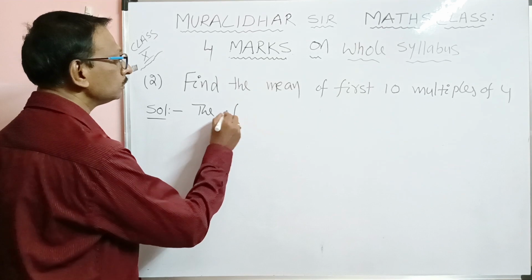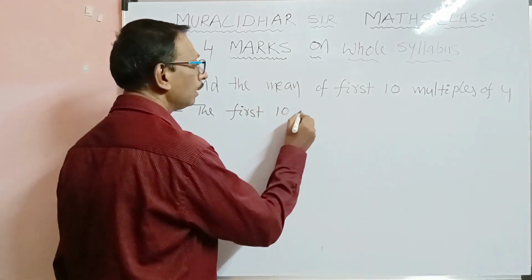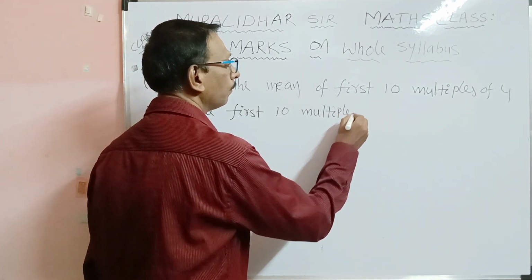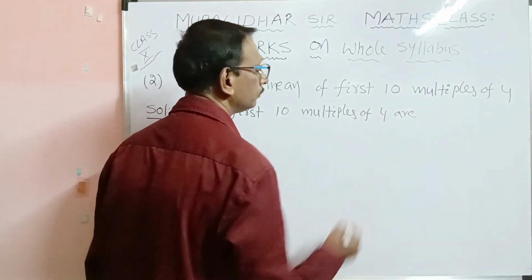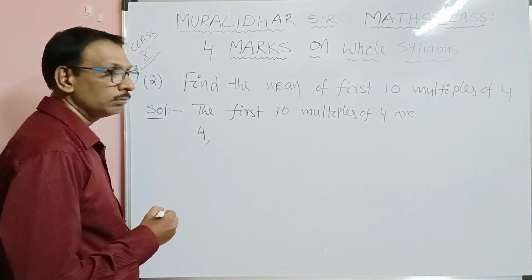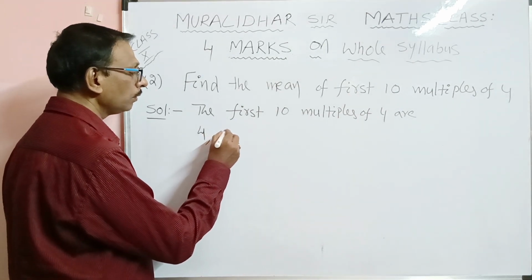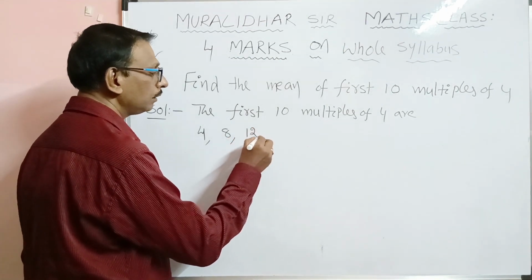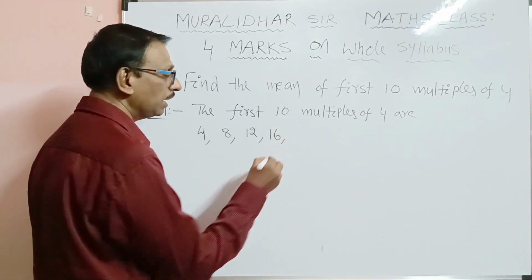The first 10 multiples of 4 are: first multiple is 4, 4 table you write. 4 into 2, 8. 4 into 3, 12. 4 into 4, 16.